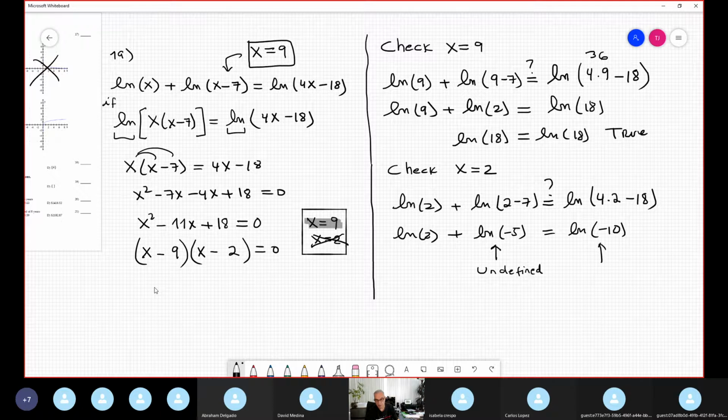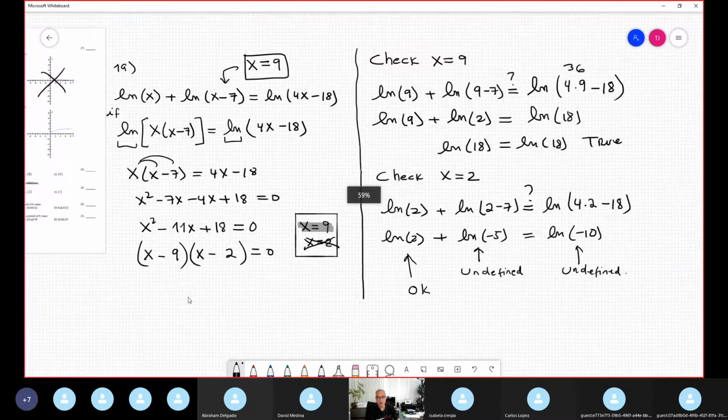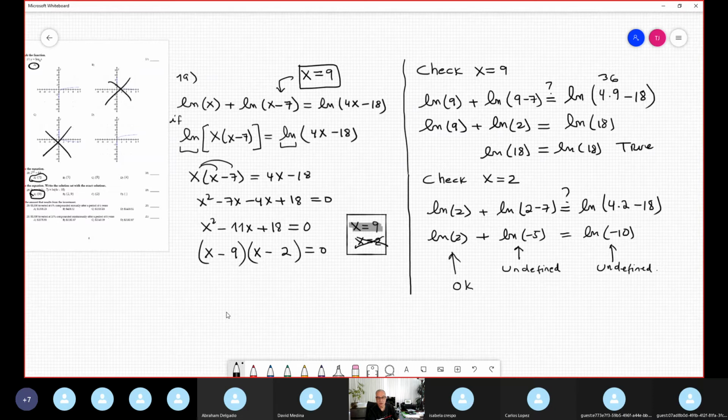Good question. Independent of that, so far you see a true statement, but logarithms do not accept negative numbers. It's illegal. Okay, any other question?